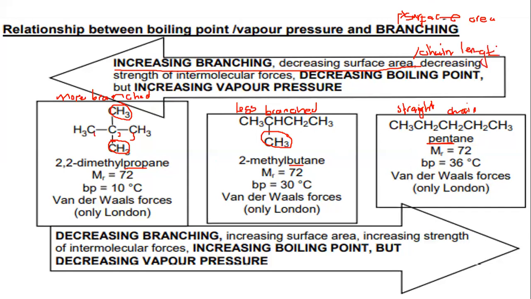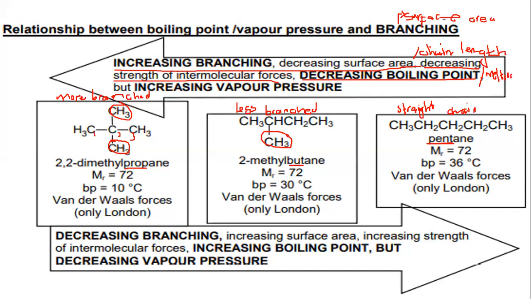Now, when the length of the chain or the surface area decreases, then we definitely know that the strength of the intermolecular forces is also decreasing. And we know when the strength of intermolecular forces decreases when you go from right to left, it means the boiling point is decreasing altogether. And it also means the melting point is decreasing altogether.